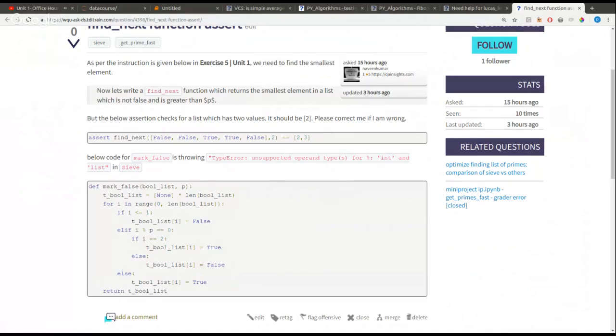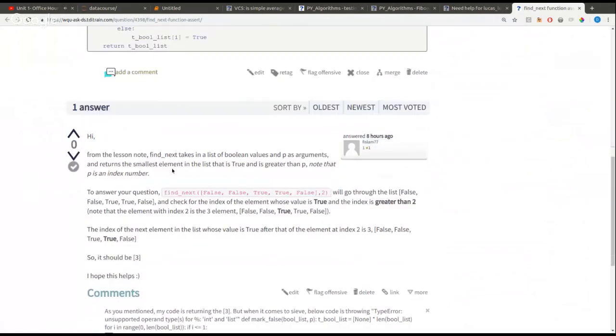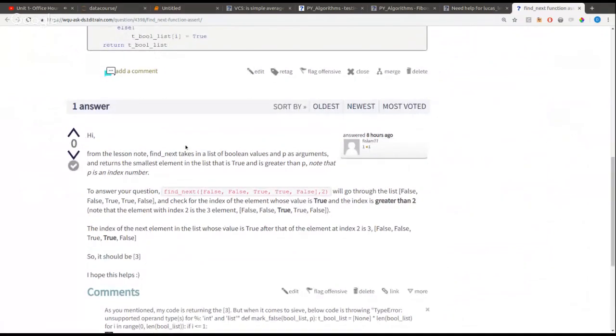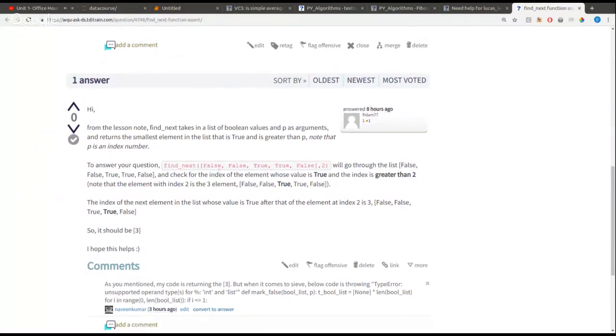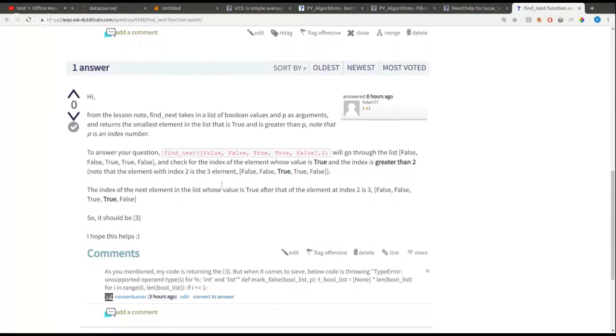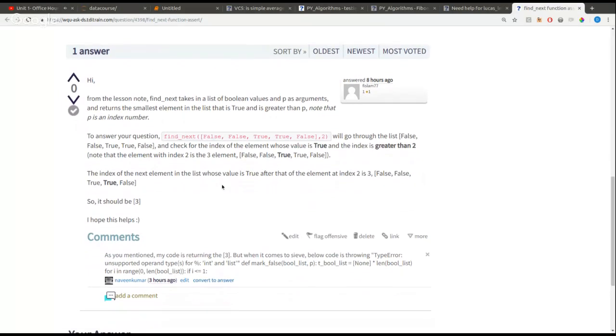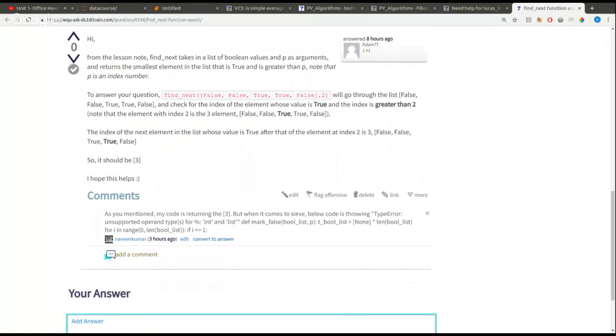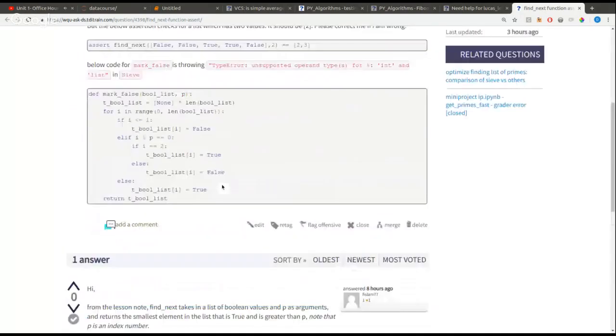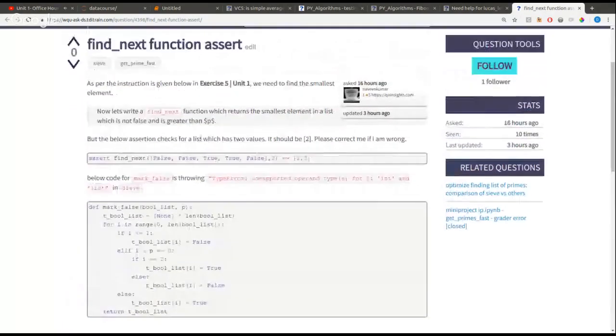No, I think this is a mistake. Smallest and is greater than p.